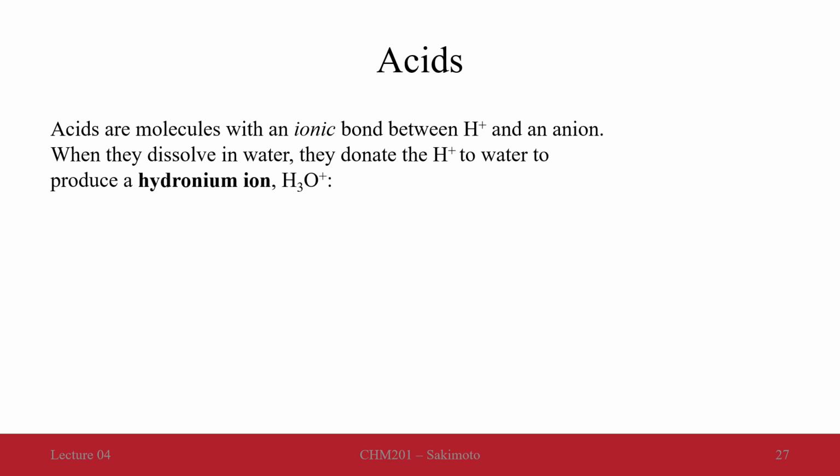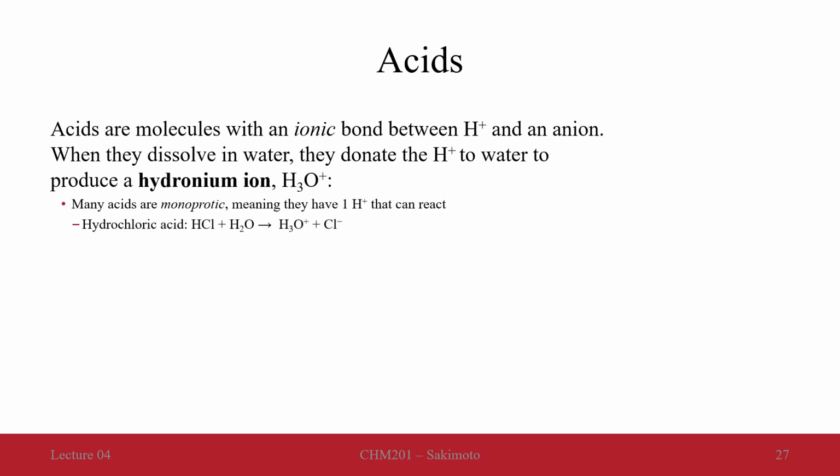Acids are going to be something that when they dissolve in water, the H+ cation dissociates from whatever anion it was bonded to. And this H+ cation gets added to the water molecule to produce what we call the hydronium cation, H3O+. H2O and H+ make H3O+. There are many acids out there, some that we've talked about implicitly so far.